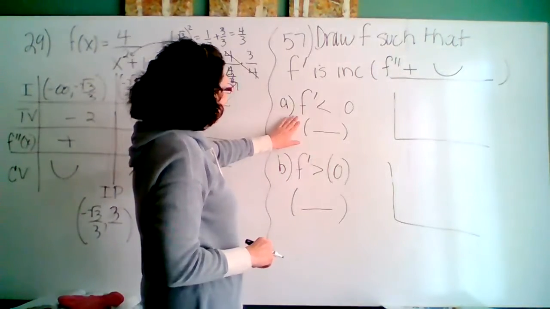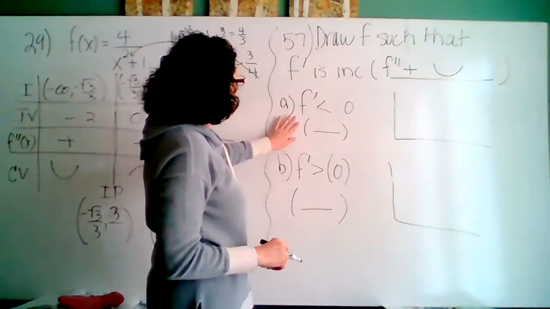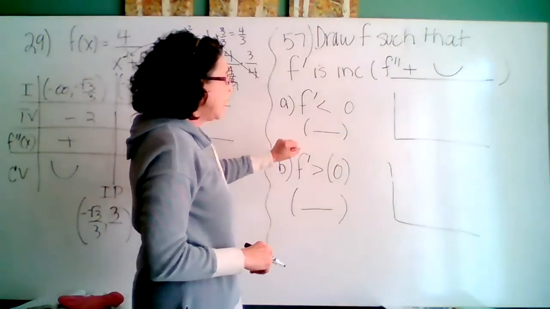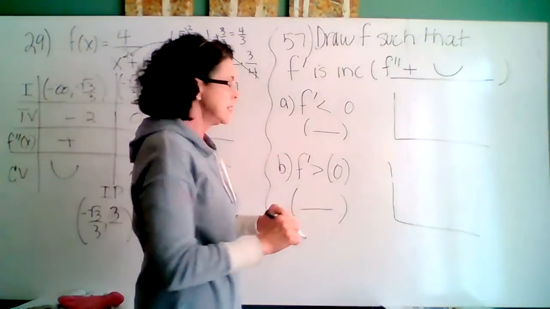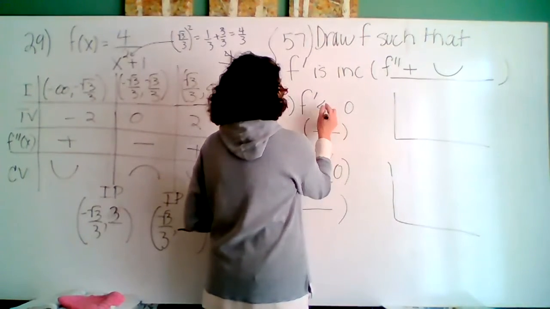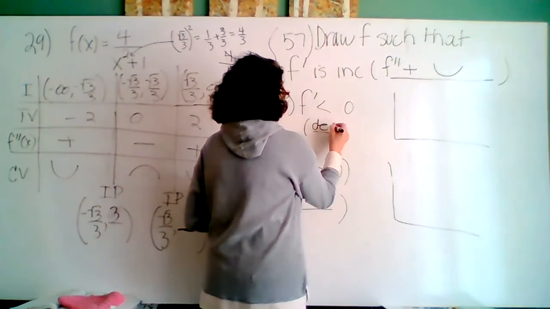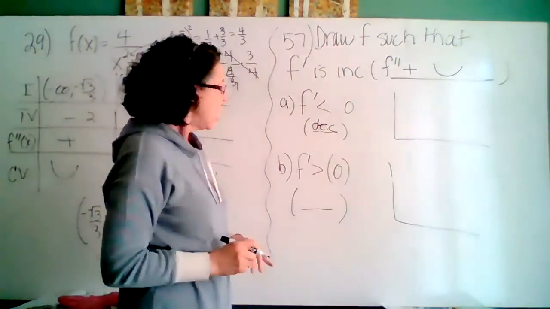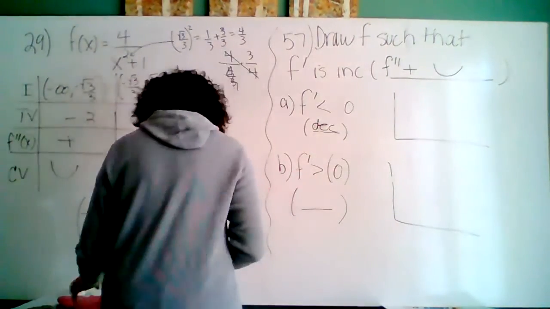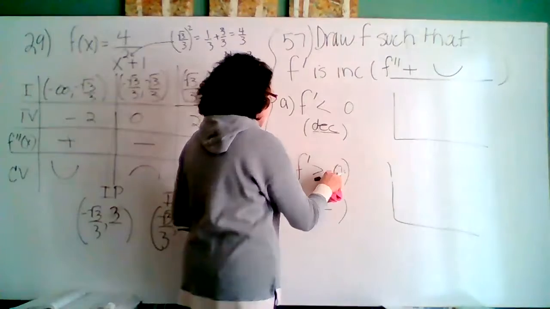So when they say, let's draw a graph of A and B, if the derivative of f is less than 0, that means that the function is decreasing. When the first derivative is greater than 0, that means the function is increasing.